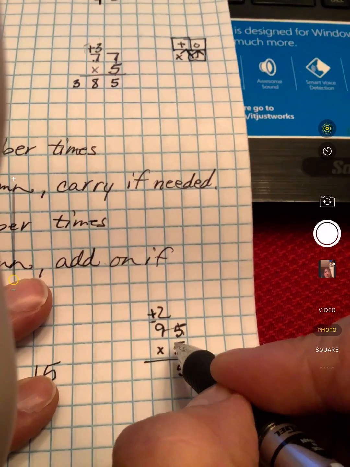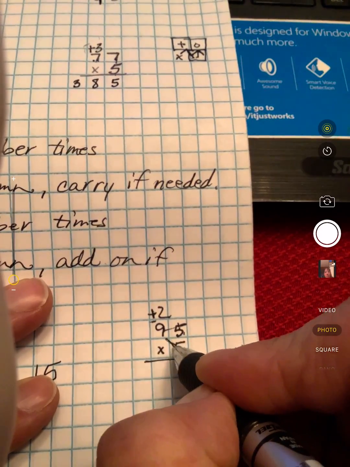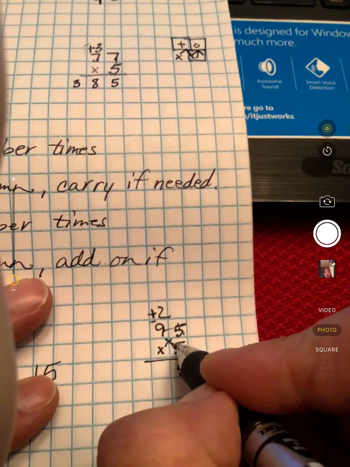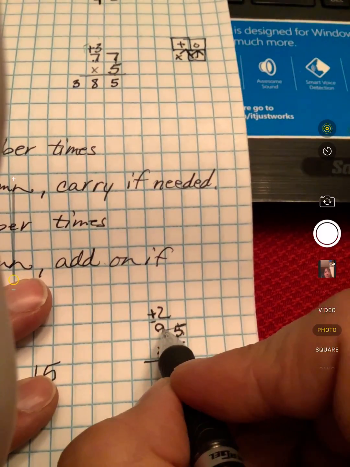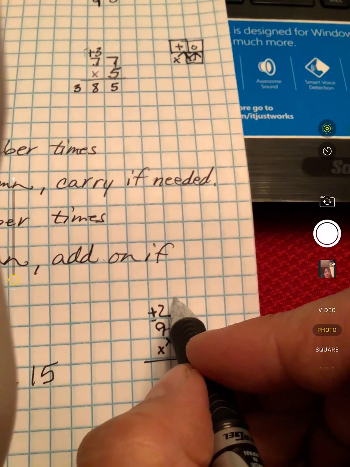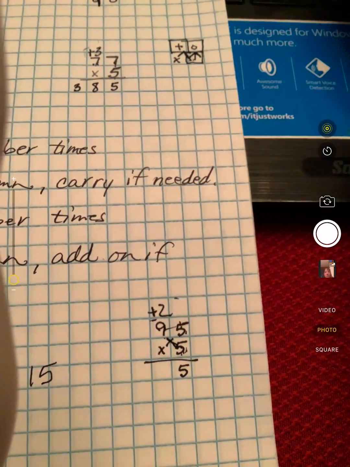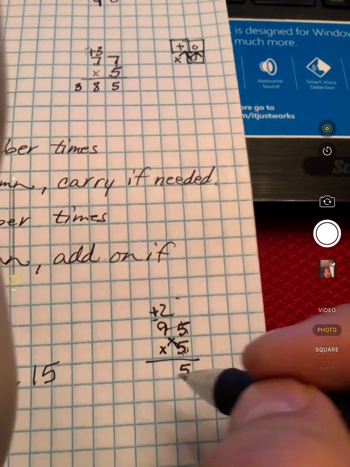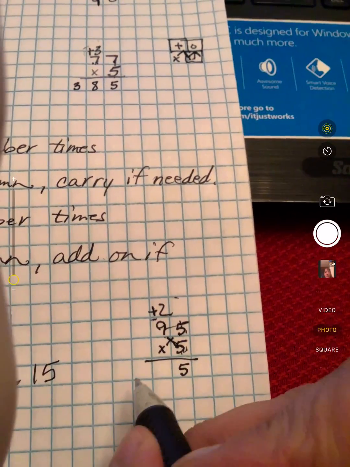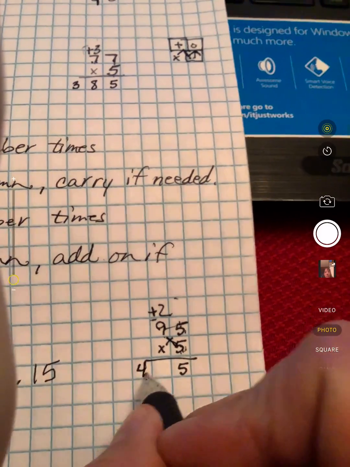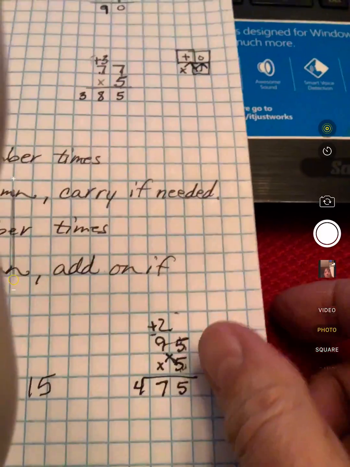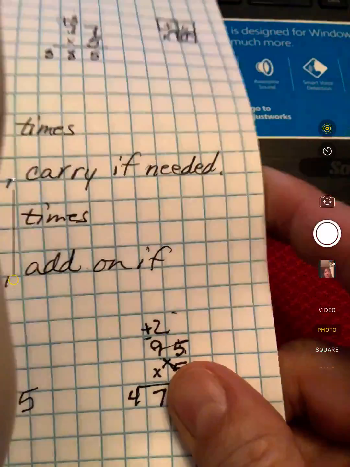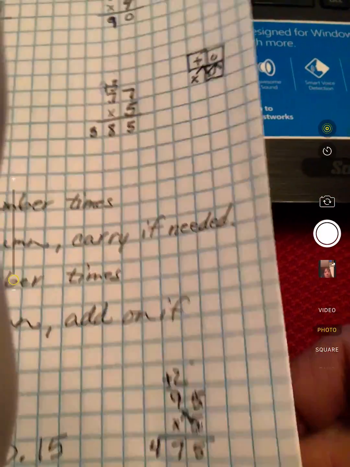But before you do that, you have to multiply these two numbers, okay? 5 times 9 is 45, plus 2 more is 47.